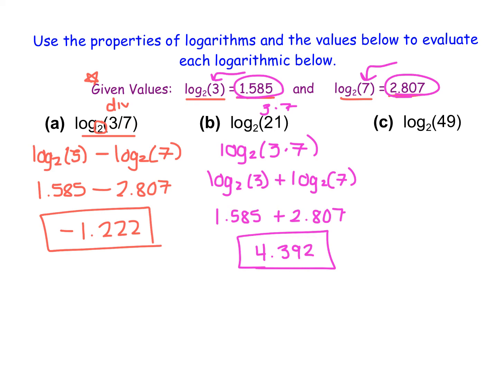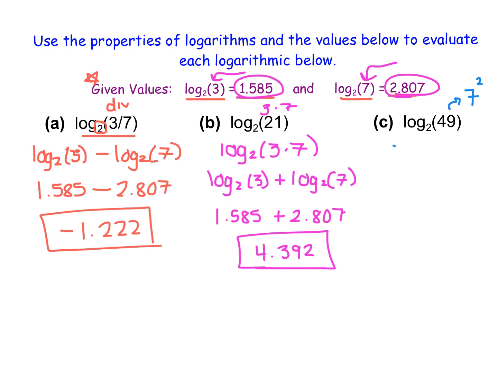Now, the final problem here, we need to think about what we can do with 49. What I know about 49 is that 3 and 7 together do not make a combination of 49. But what I do know is that I can use 7 to create 49. So 49 can really be represented as 7 squared.